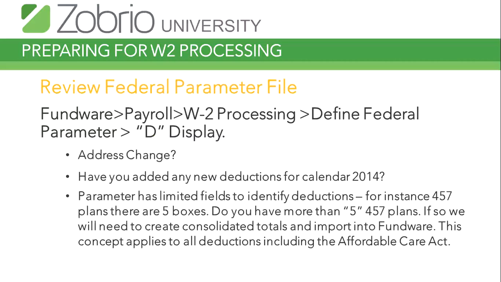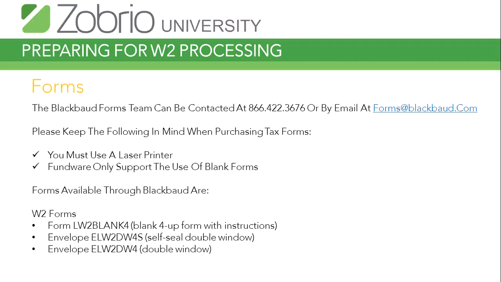From here, what we want to do is discuss another preliminary function that you can do ahead of time, and that is the W-2 forms themselves. Now, for the most part, the form is a blank piece of paper. It has horizontal perforations, and there is some legalese on the back of the form.